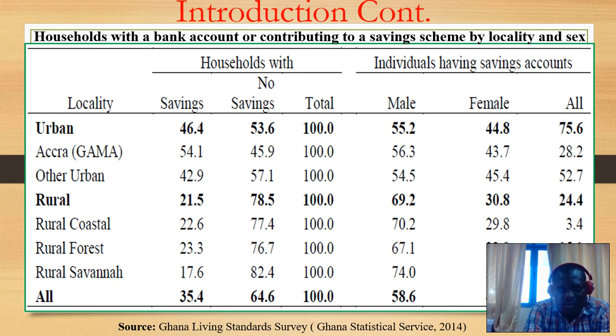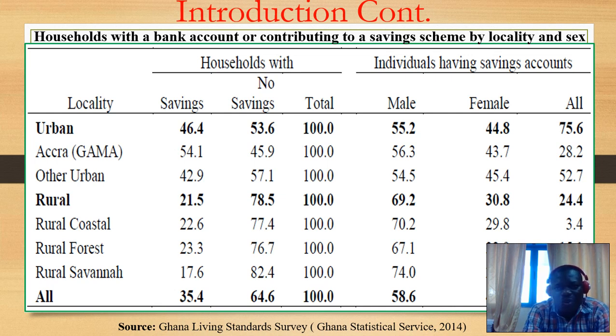In Ghana, the Ghana Statistical Service actually provided some important insight in their Living Standard Survey in 2014. It is interesting. The study considered households who are saving and households who are not saving.